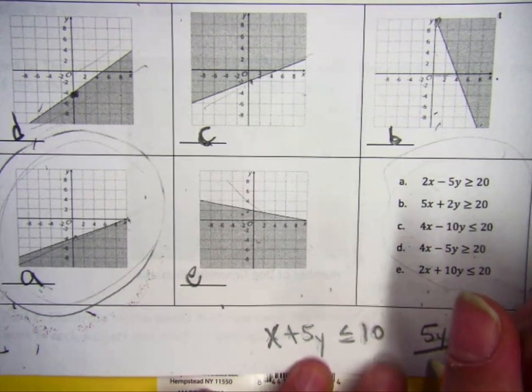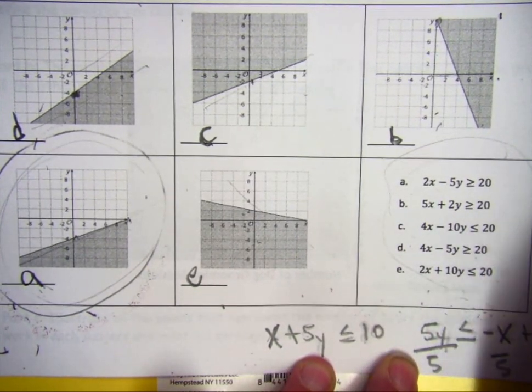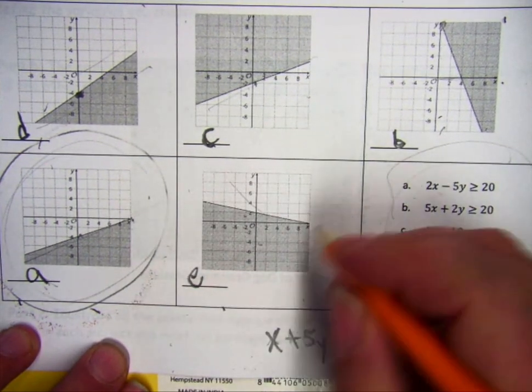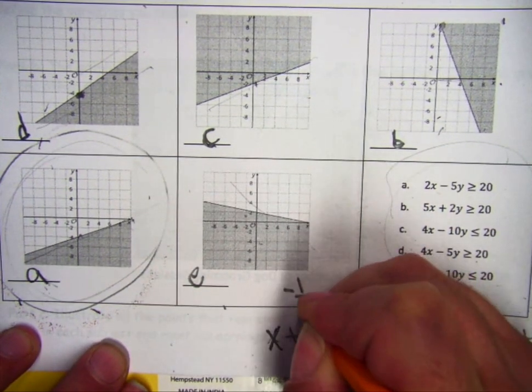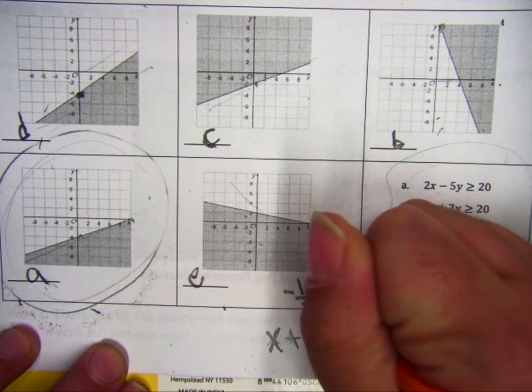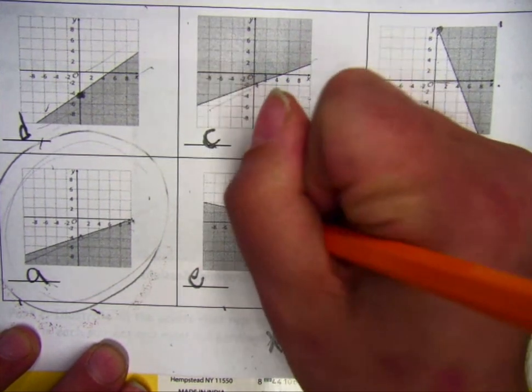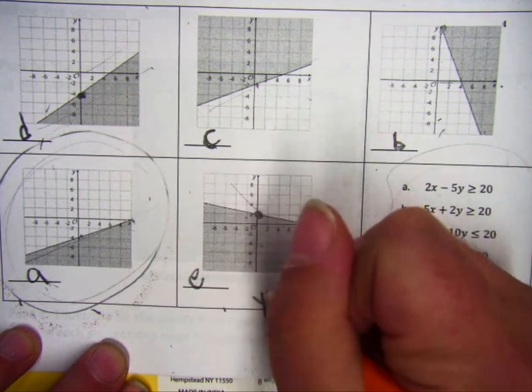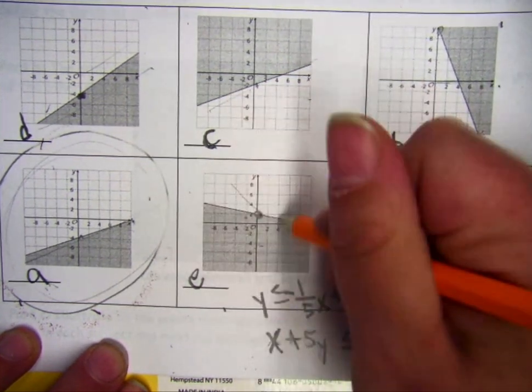Divide by 5 on each side. This becomes negative one-fifth x plus 2. And that makes sense. This is that plus 2, and we see that it's less than. Okay?